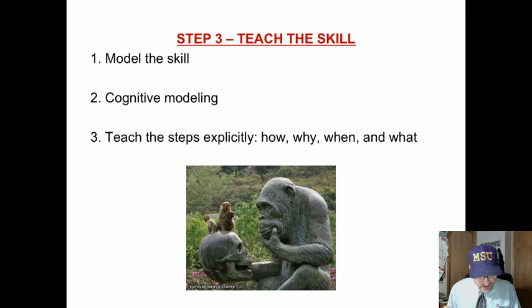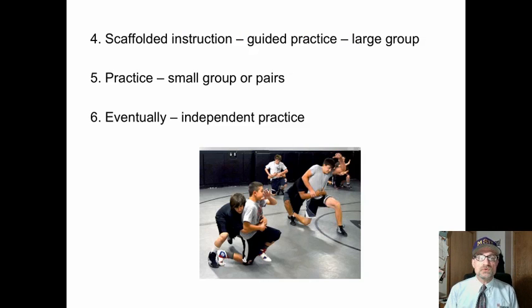You use cognitive modeling. This is where students are able to see your thinking. You think out loud. Then you teach the steps explicitly. This is where you teach how you do it, why you do it, when you do it, and exactly what to do. Explicitly, thinking moves from outside to in.